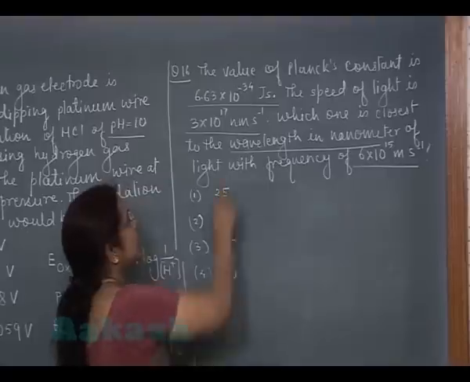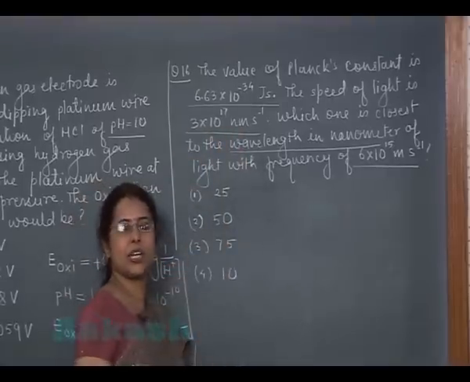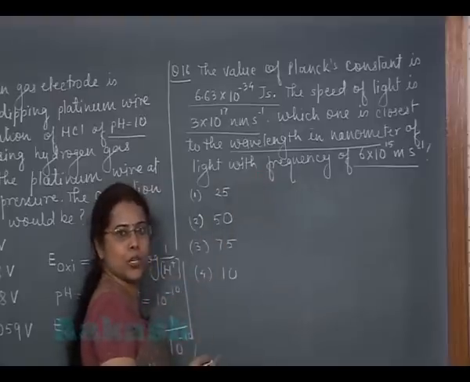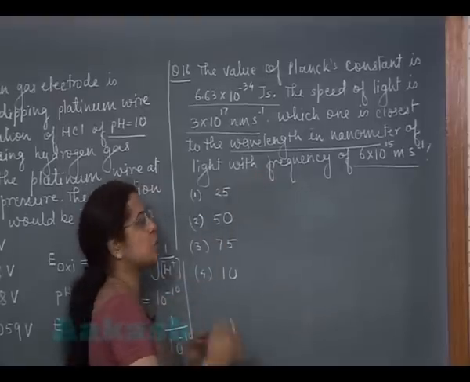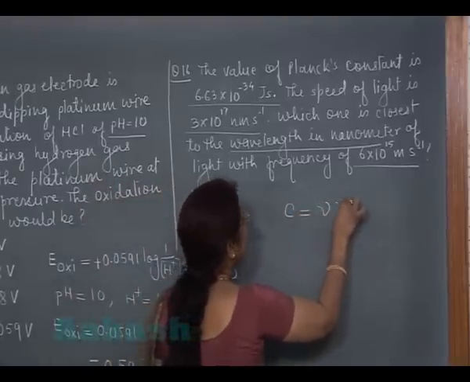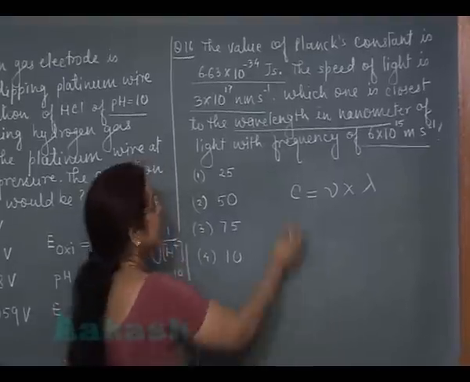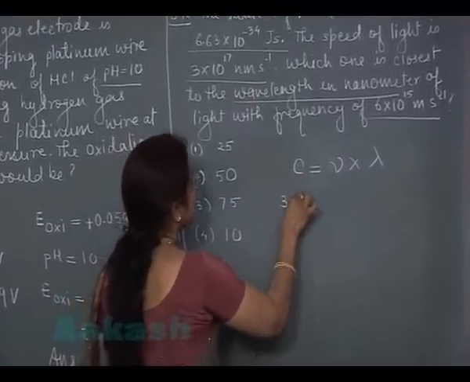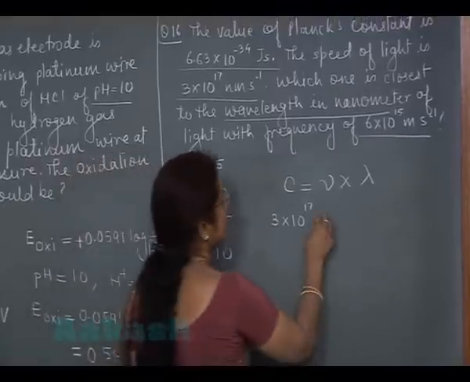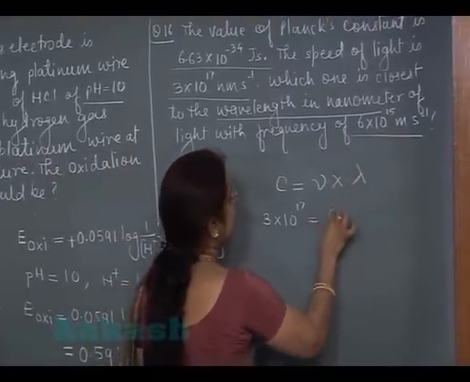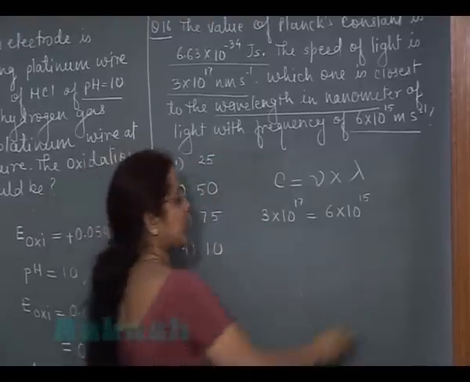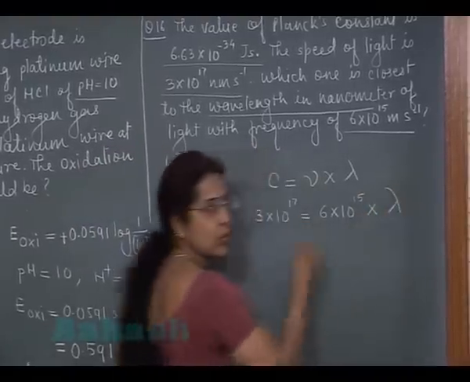So in this question, speed of light is given in nanometer and we need to find the wavelength also in nanometer. The relationship between speed and frequency of any photon, that is C, is equal to nu into lambda. Here speed of light is given 3 into 10 raised to power 17 nanometer per second. Frequency of light is given 6 into 10 raised to power 15 per second, and we have to calculate the wavelength.